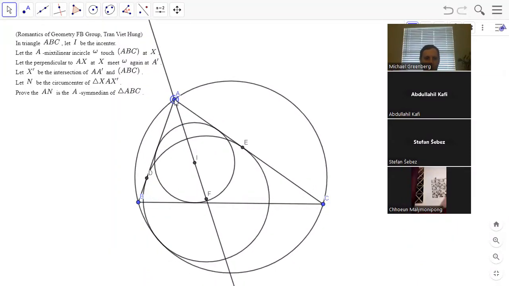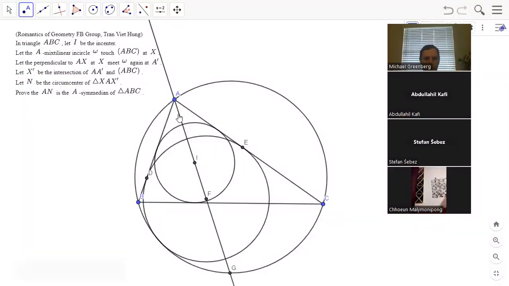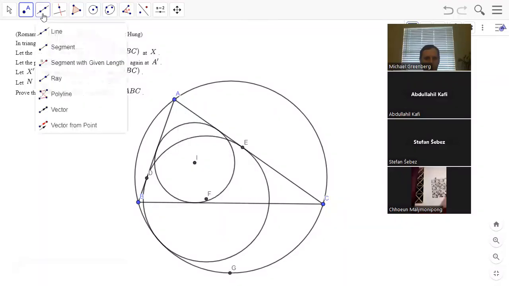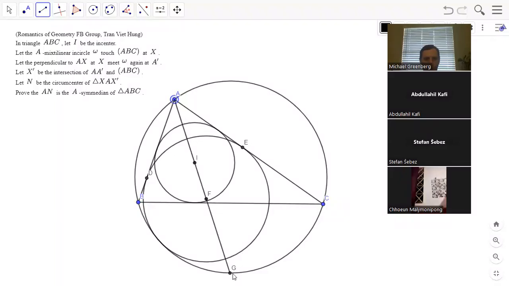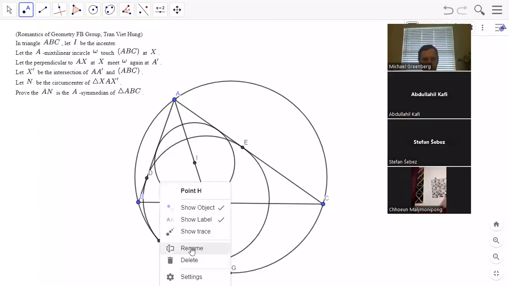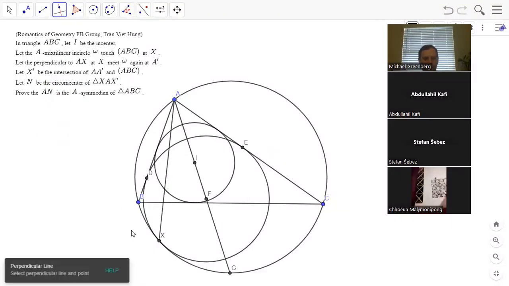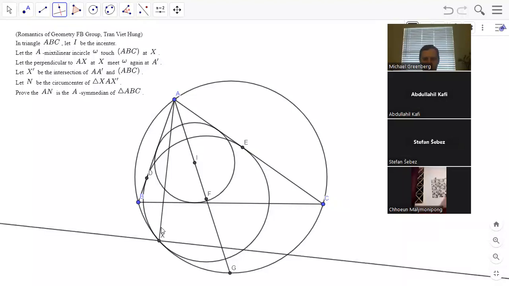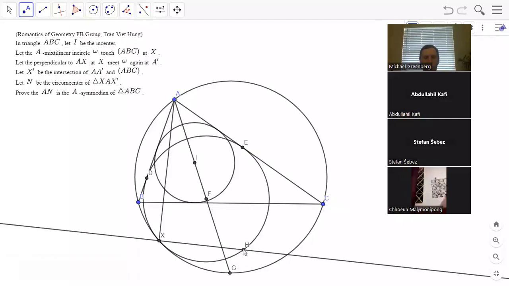So let's draw the midpoint of arc BC. That might be useful. Let's hide the whole line, just draw the segment. And X is the touch point. And then we draw the perpendicular to AX at X. And it meets this at A prime.